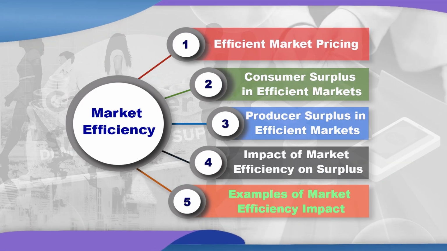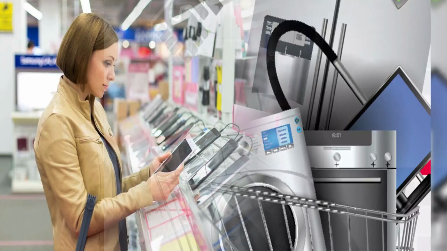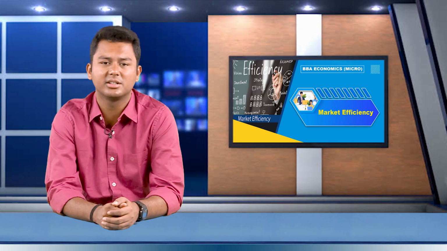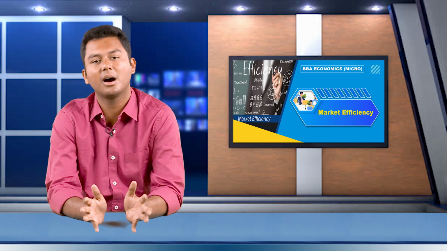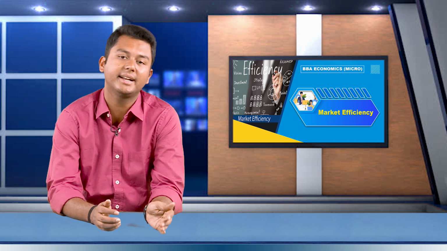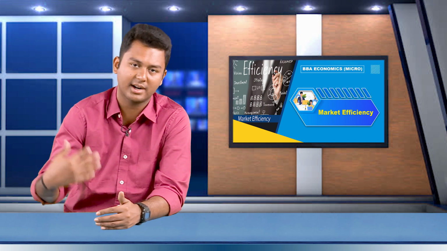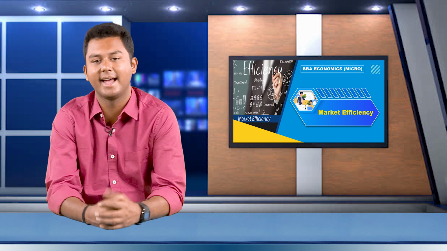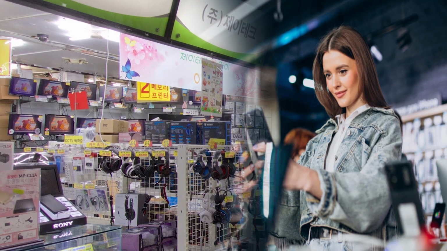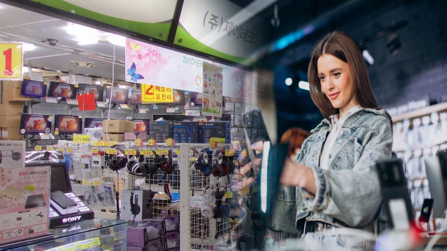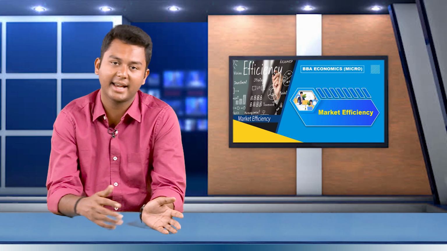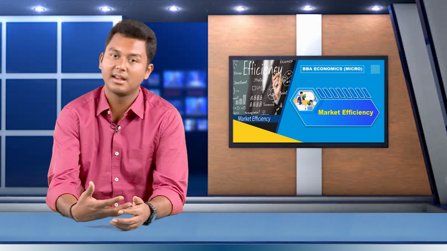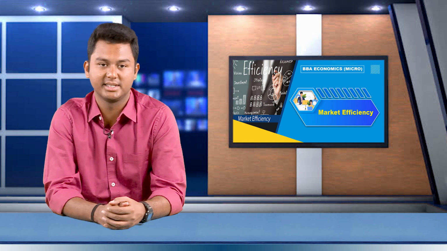Next is an example of market efficiency impact. Suppose we look at the consumer electronics market. In an efficient market for consumer electronics, competition among manufacturers leads to competitive pricing because each one wants to attract consumers. No consumer will go to someone who is selling at a higher price. There is a wide range of product choices and technological innovations that benefit both consumers, by getting them the latest high quality products, and producers, by attracting more consumers towards them.